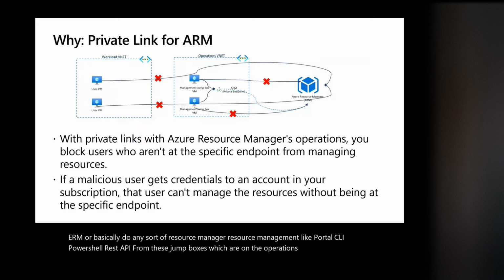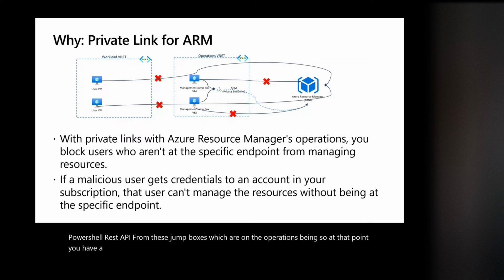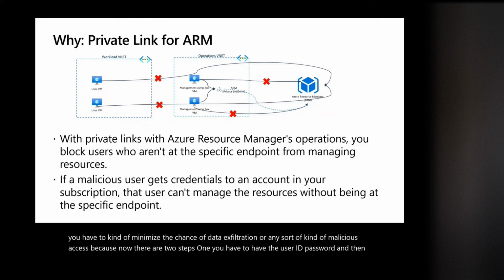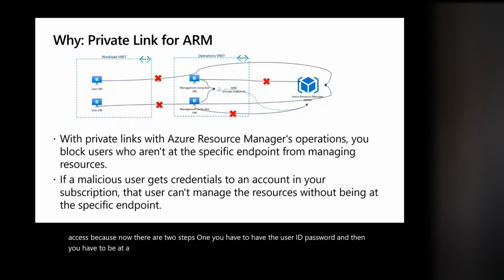So at that point, you have minimized the chance of data exfiltration or any sort of malicious access, because now there are two steps. One, you have to have the user ID and password, and then you have to be at a certain endpoint or location to do any of the management stuff.